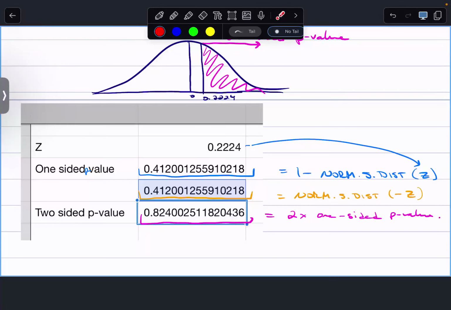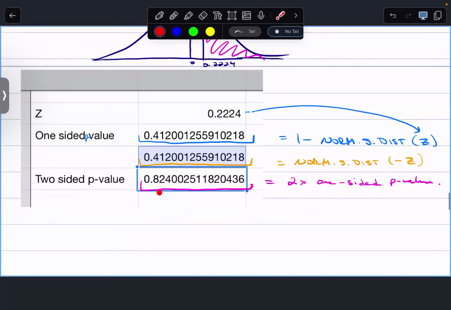And then I multiply it by 2, which means I would be just as concerned if that same thing happened in the other tail. And so now our p-value is huge. Our maximum p-value possible is 1, right? If our z was 0, then the point estimate is 0 standard errors from the hypothesized value, then the p-value would be 1. Anything beyond that would be less than 1.